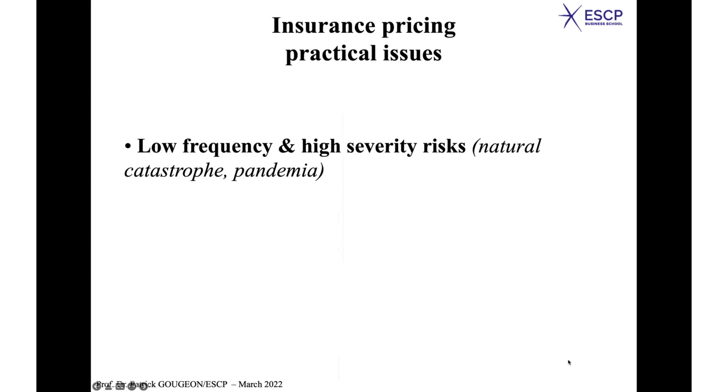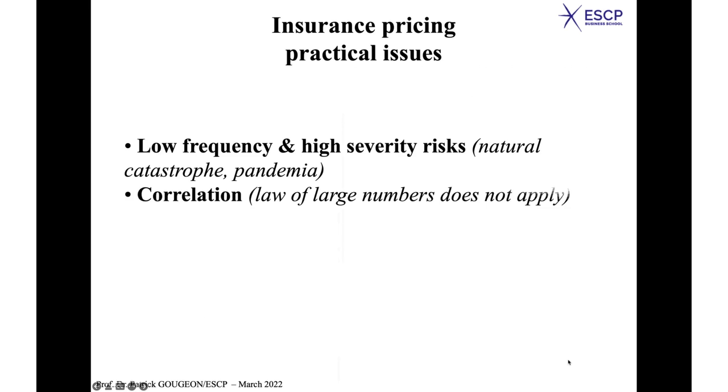So hopefully, as we'll see, one solution is reinsurance. Reinsurance will contribute to make it possible, at least to a certain extent, to find solutions for this low frequency, high severity risk. And reinsurance is the next chapter anyway.